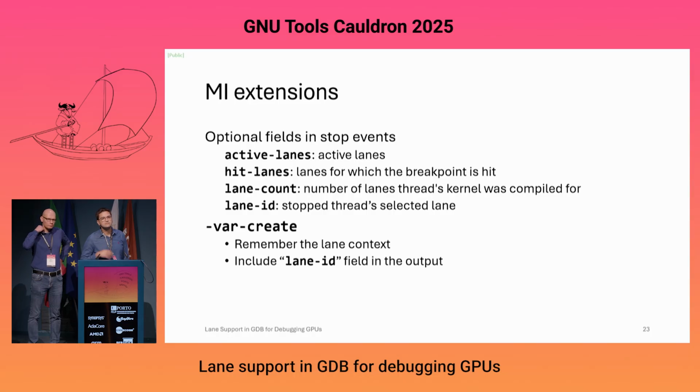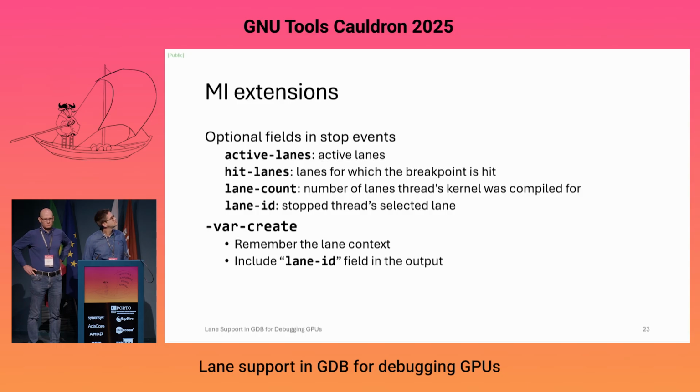The frontend shouldn't rely on, oh, I last stopped at lane 3, so the next command will apply to lane 3. They shouldn't do that, because there are different ways of changing the current context. The user could have changed the current context manually behind the frontend's back, which would be bad. So the frontend should always be explicit.